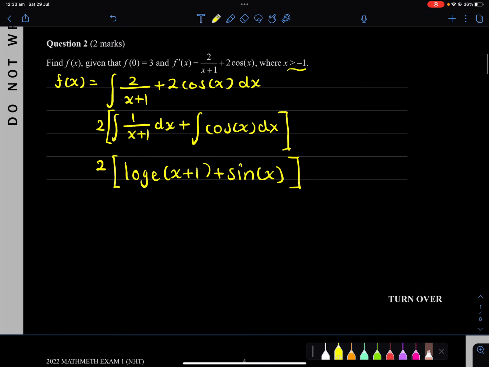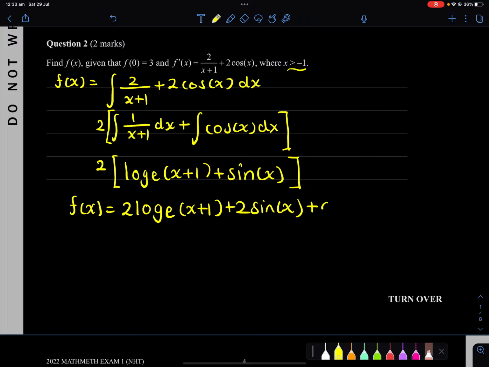Okay, now therefore f of x is equal to 2 log e of x plus 1 plus 2 sine x plus c.